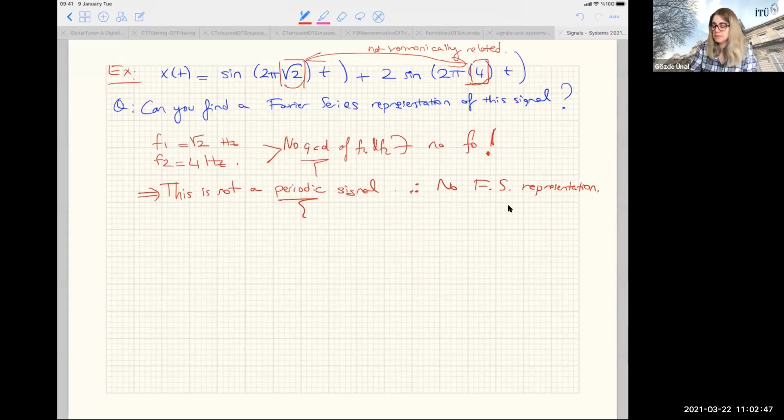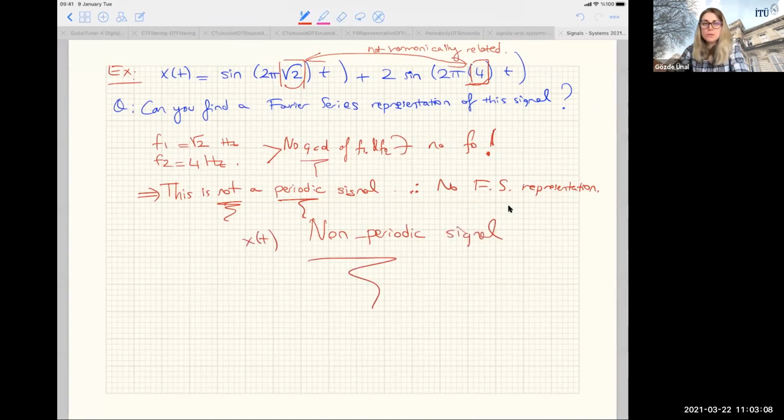That's why we ended up with no fundamental frequency. So this is important. This is a non-periodic signal. This was the keyword here. Non-periodic signal, X of t.